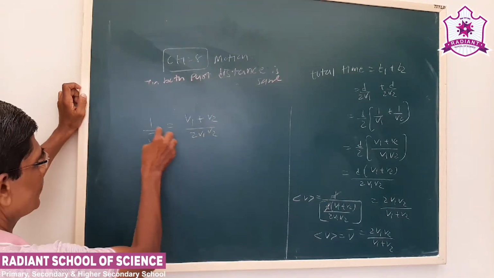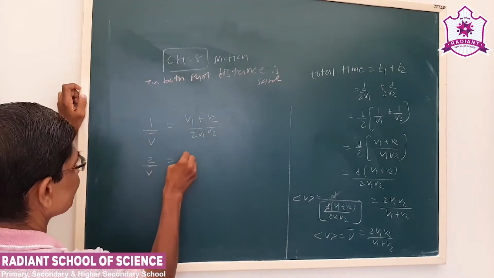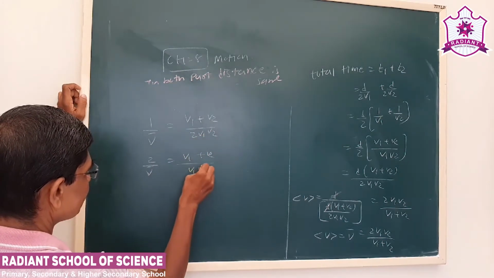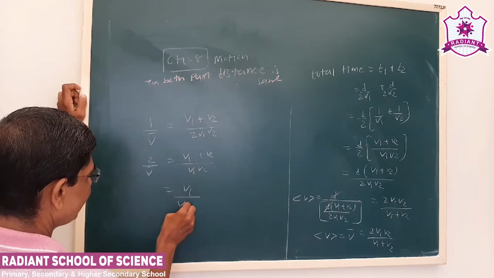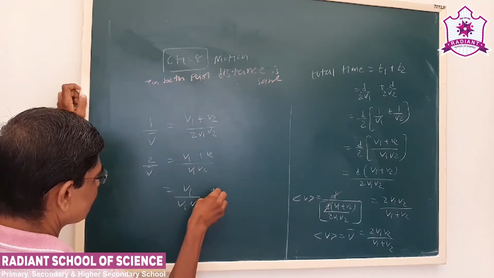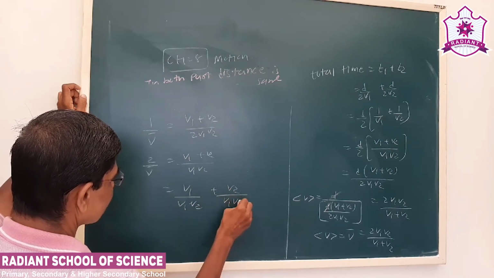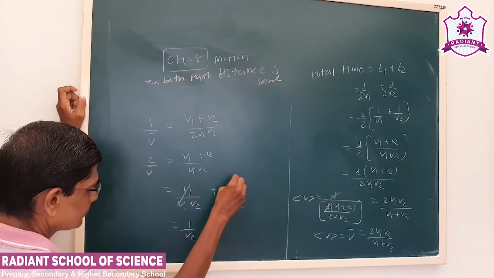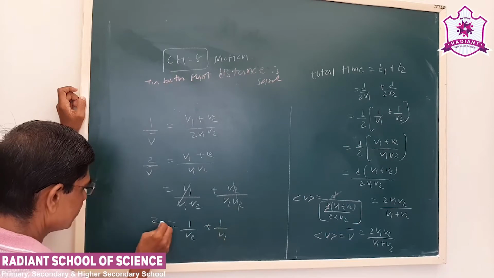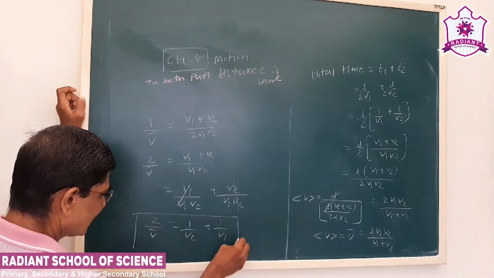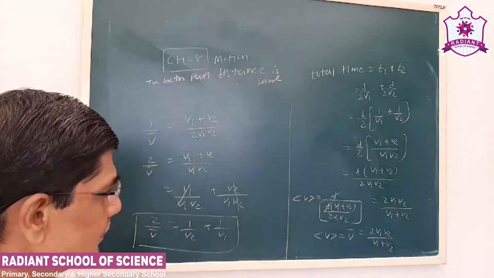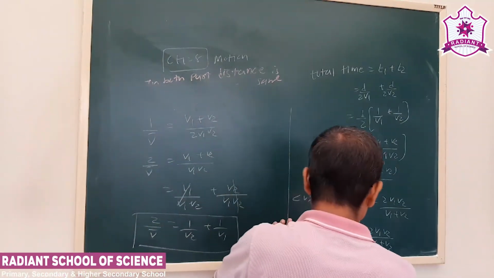Taking the 2 on the left hand side, v1 plus v2 upon v1 v2, that is 1 upon v1 plus 1 upon v2. Sometimes you may see it in this format, but the basic formula will be this.